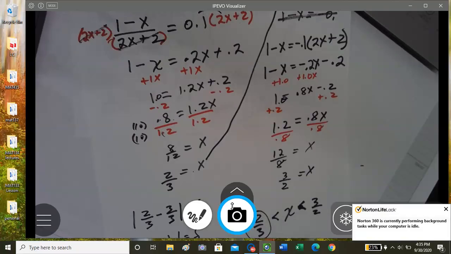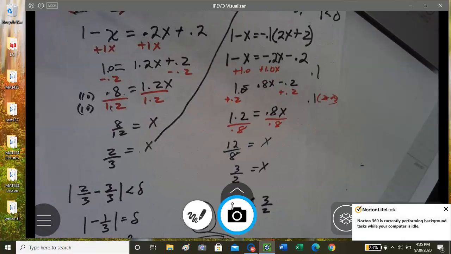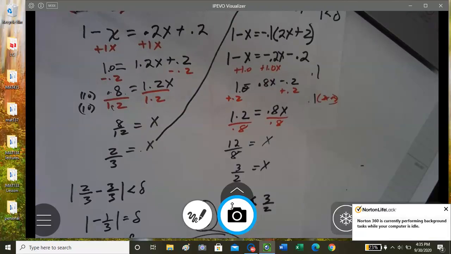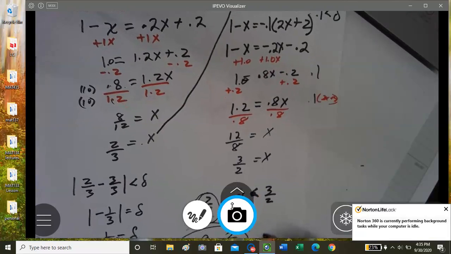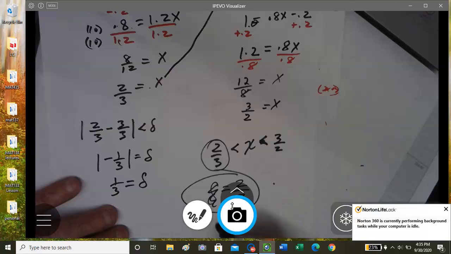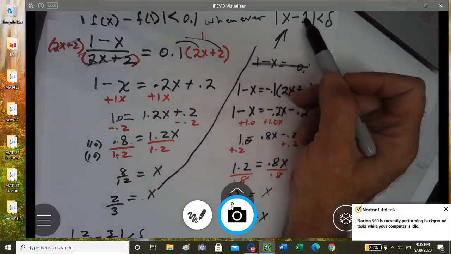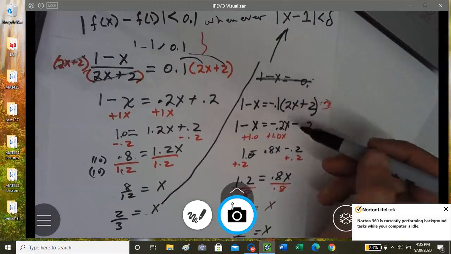We're done with that. Hold on. So we're going to use 2/3. Since x equals 2/3, then we're saying that 2/3 minus 1, right?